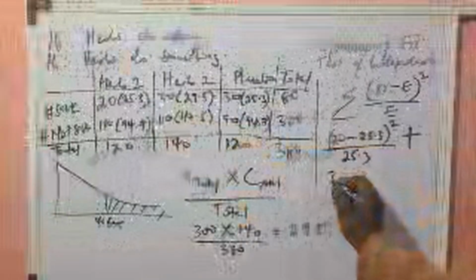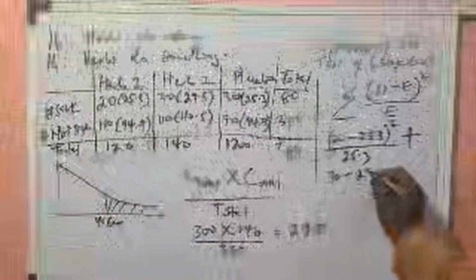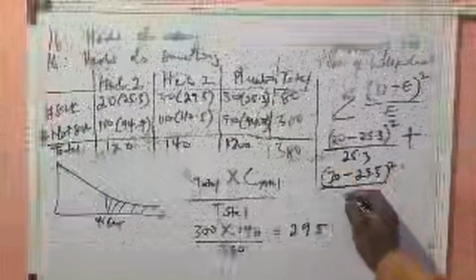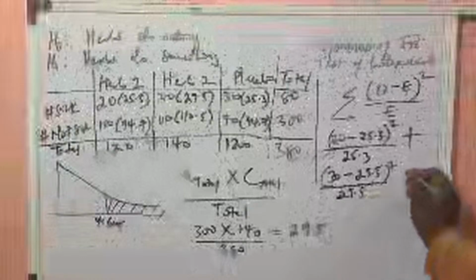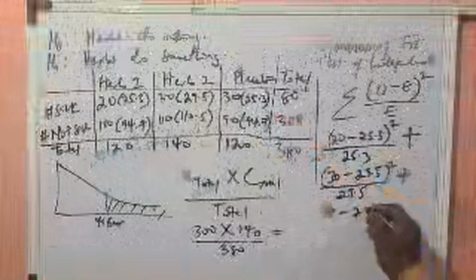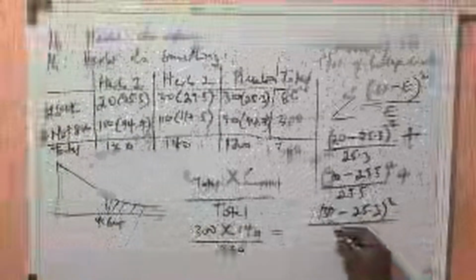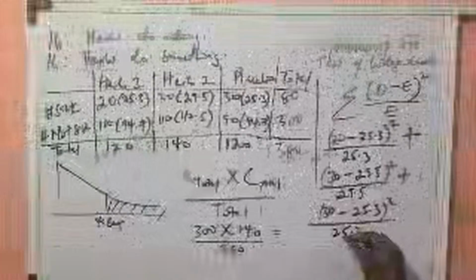Plus, I go to the next one. Whichever one you want to take, then let me take this next. 30, the observed, minus the expected 29.5, all square over 29.5, plus the next entry, 30 minus 25.3, all square over 25.3.